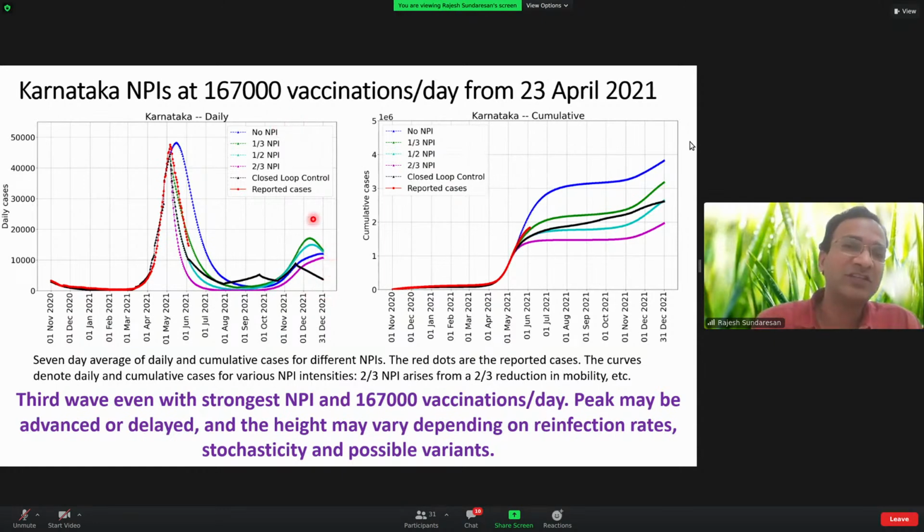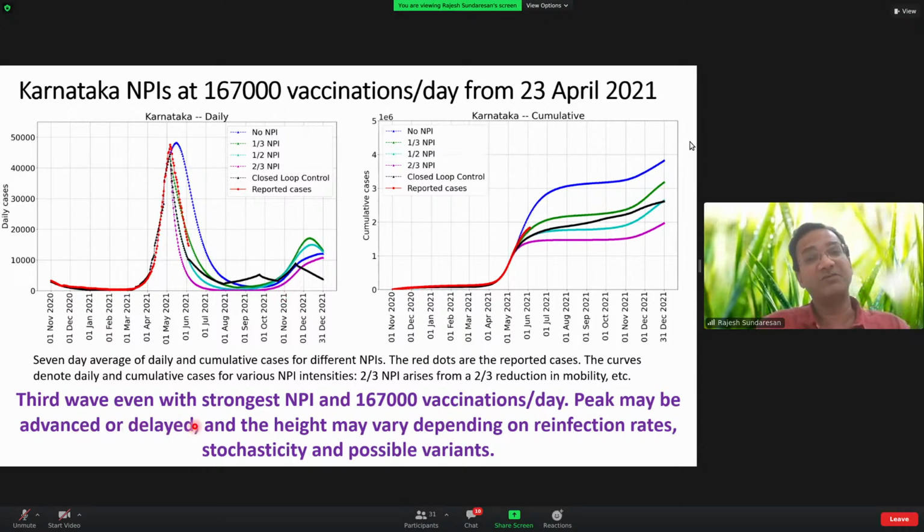And the thing to notice here is that all these 4 curves, which are no NPI as well as the restrictions, they all have a surge sometime later in November, which is indicating that the antibody waning is putting many of these individuals that were infected back in the susceptible pool. And if there is residual infection, it will start once again.